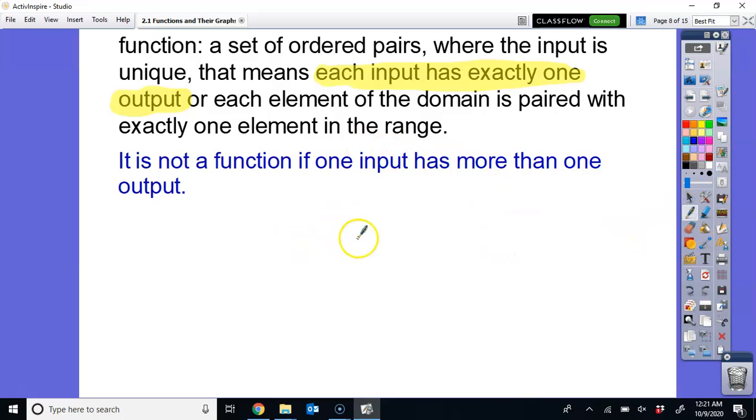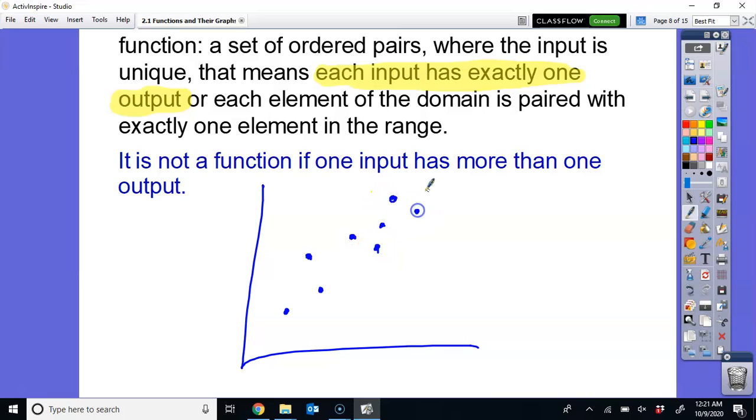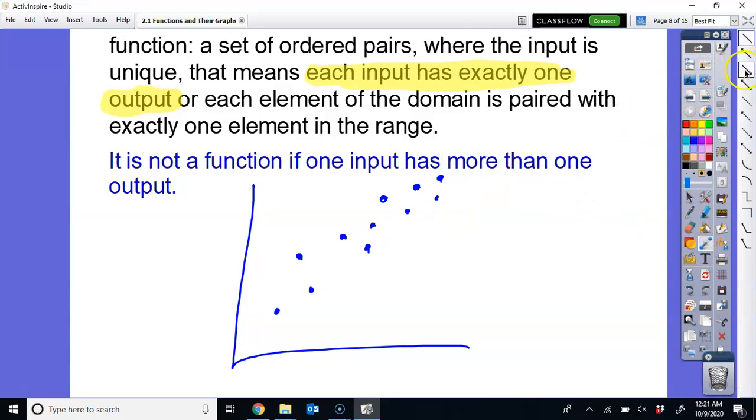What can happen a lot of times when we have a relation is we can have a set of ordered pairs, dots that go up across the graph like this, and I'm just making this one up as I go. And it doesn't seem that there is a really strict apparent function here. But then what we can do is say, well, hey, if I do draw a line down through the middle of these points, it fits pretty good.